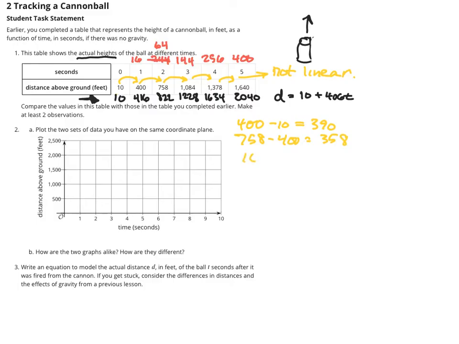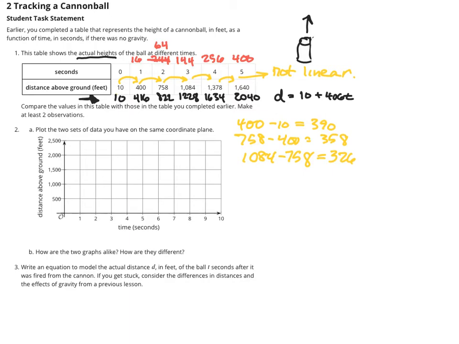If you do 1084 minus 758, 326. So the differences are decreasing. Okay, so not linear. We also can know that it's not exponential if we tried to find the factor.